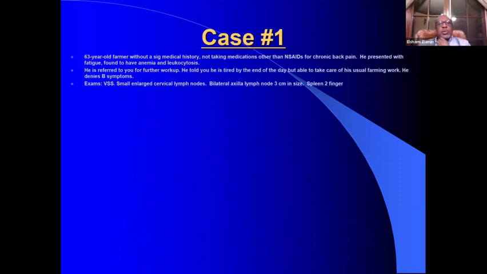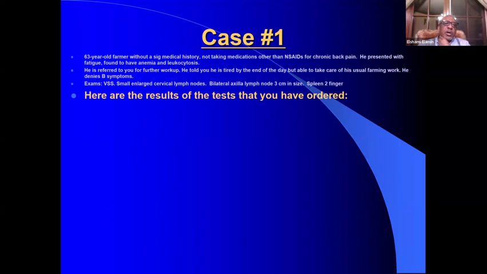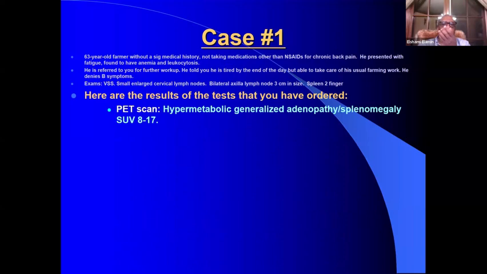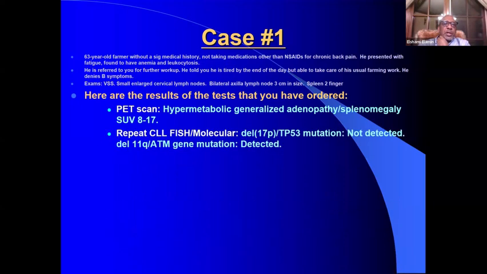So now, the last question about this case. Your patient is back for follow-up, and here are the results of the tests that you ordered. The PET scan showed hypermetabolic activity, generalized adenopathy, splenomegaly, SUV 8 to 17, very active disease.